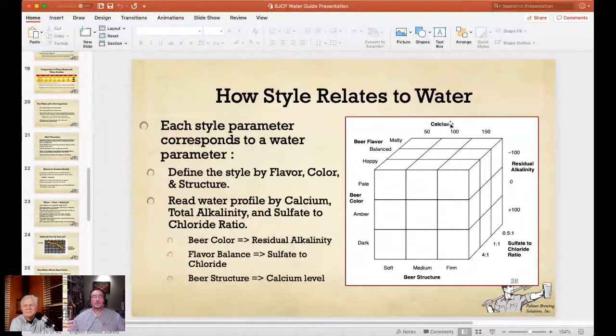As you try to improve your residual alkalinity and increase that calcium level up to 100 ppm, again, you're adding more salts. So you really are increasing the total dissolved solids, and that's why I use calcium as the corresponding scale for beer structure on the beer cube. I talk about it being total dissolved solids, but it's really directly proportional to your total calcium, your final calcium concentration in your water.